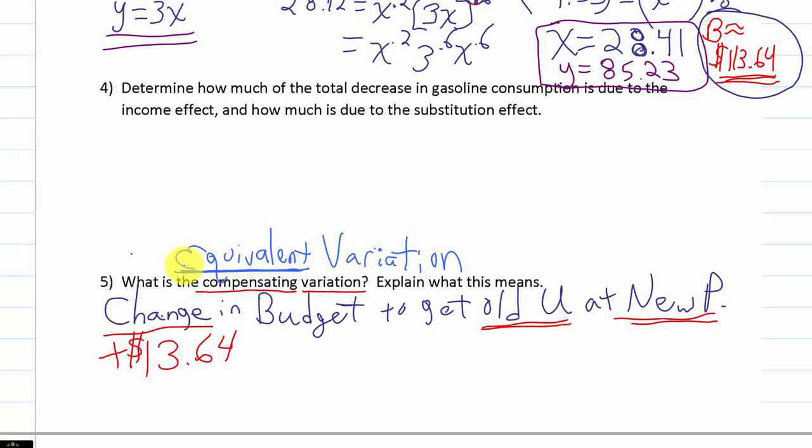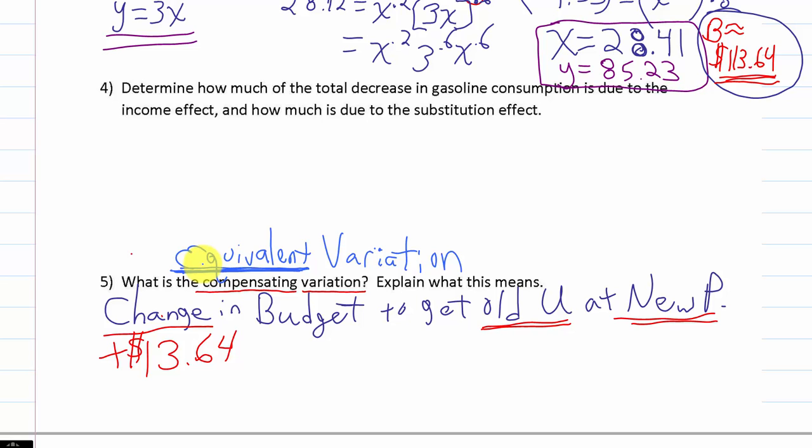Our utility is going down. Instead of raising the price of gasoline, I could lower your utility another way. I could lower your utility just by taking money from your budget. The equivalent variation answers the question, how much money would I have to take from you, from your budget, at the old prices to get you to this new lower utility?